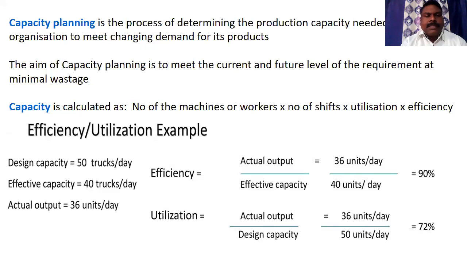The aim of capacity planning is to meet current and future levels of requirement at minimal wastage. So whatever you do, as in the case of your food items or any work, compulsorily we have to see that it should meet the current and future.